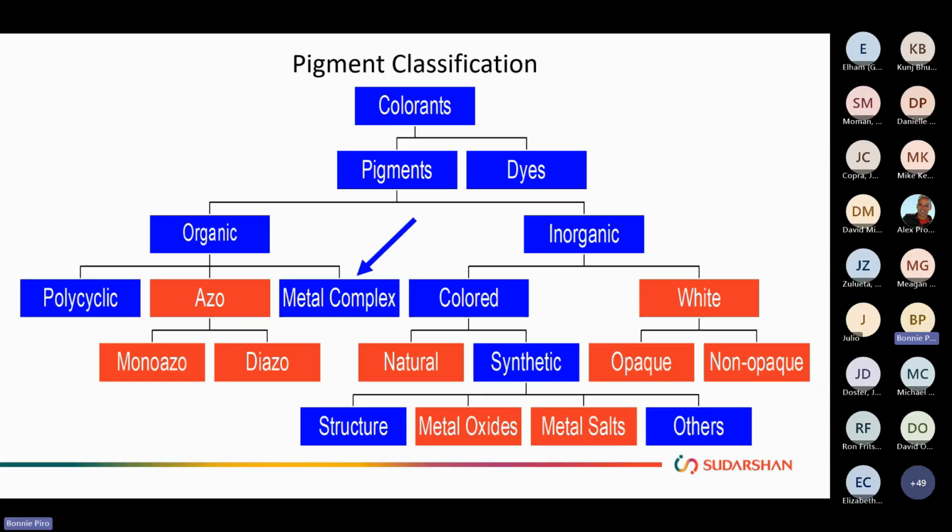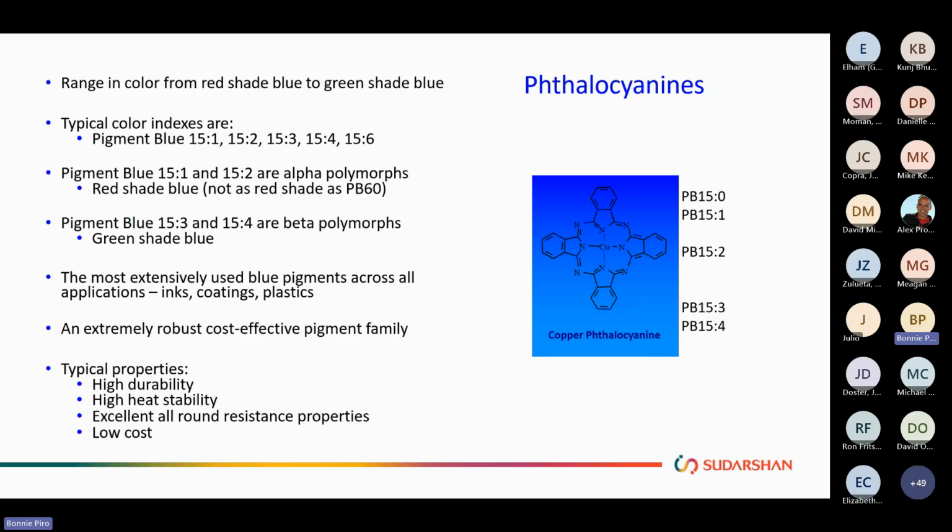So we'll first start out on the organic side in the metal complex area, which is going to be our phthalo blues. Phthalos range, as I mentioned, from red shade to green shade. The more key color indexes are pigment blue 15:1, 15:2, 15:3, 15:4, and 15:6. 15:6 is the epsilon, the most red shade and the least in volume, more of a niche product.